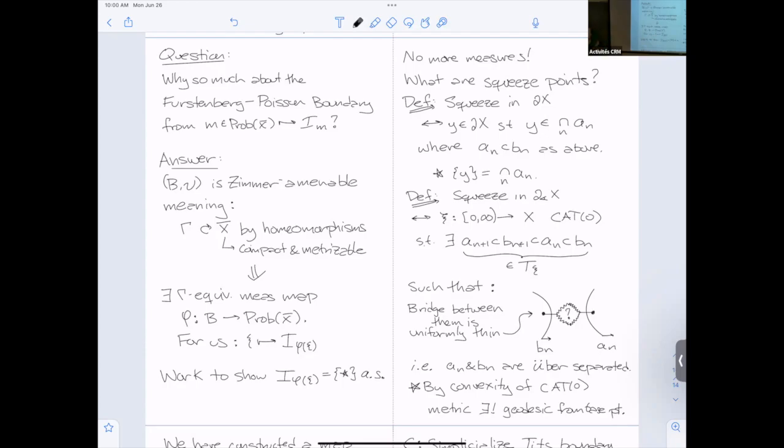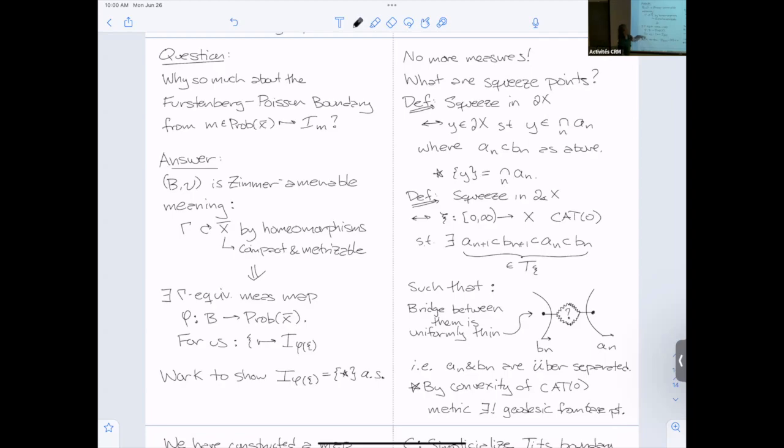So let's go back to this notion of a squeeze point. What is a squeeze point? Well, I'm going to have a definition in the roller boundary and also a definition in the visual boundary, and they're sort of going to be in one-to-one correspondence. So I'm going to choose an element in my roller boundary, and I will say that it is squeezed if it sits in this sort of structure of half spaces.